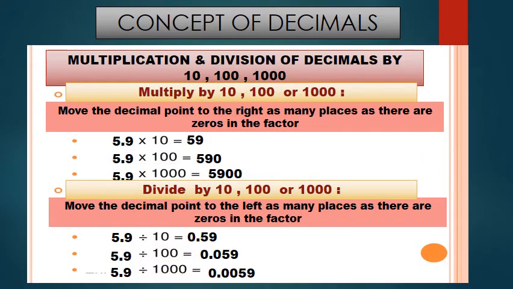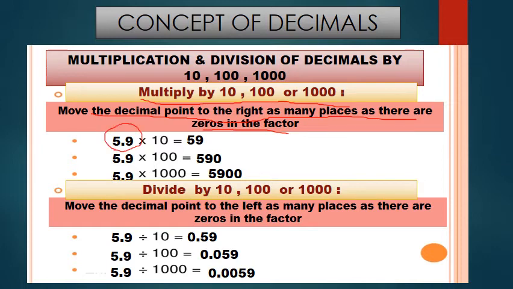Let's move on to another example, which is the concept of decimals, multiplication and division of decimals by 10, 100 or 1000. When we multiply any decimal number by 10, 100 or 1000, we move the decimal point to the right as many places as there are 0s in the factor. Let's take a decimal number 5.9.